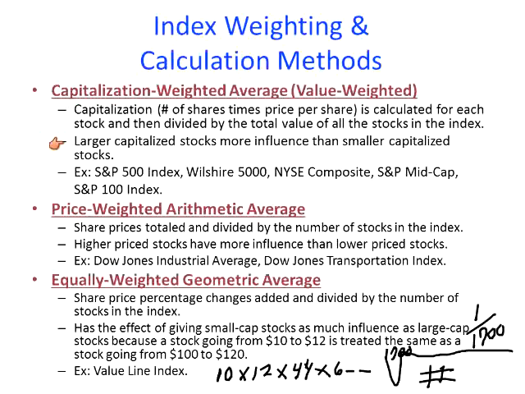They say that the larger capitalized stocks have more influence than the smaller capitalized stocks. They tell you that in the price weighted, the higher price stocks have more influence over the lower price. But on the equally weighted one, the second bullet point is that small cap stocks are given as much influence as the large cap. So it's just a matter of understanding when to use it, why to use it, how to use it, and what it's supposed to represent for you. That is the takeaway on this particular page.